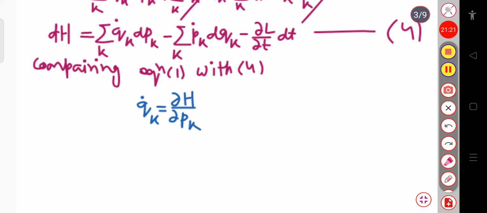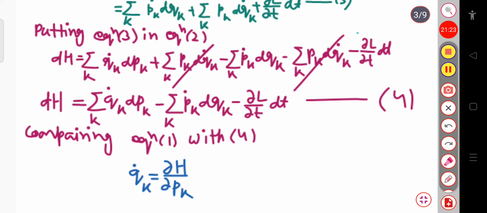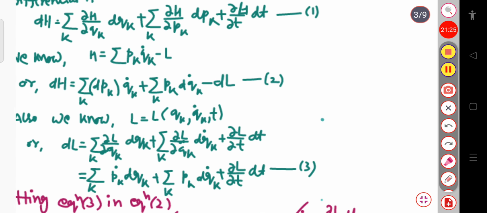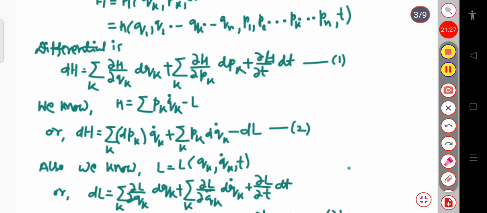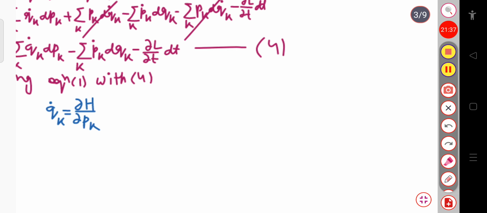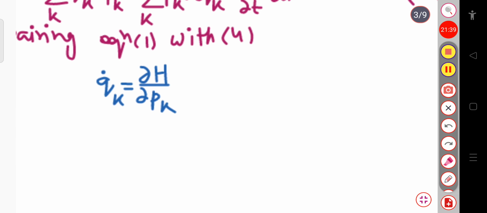And similarly, the dqk coefficient, that is minus pk dot, and here dou h by dou qk, so minus pk dot will be equal to dou h by dou qk.